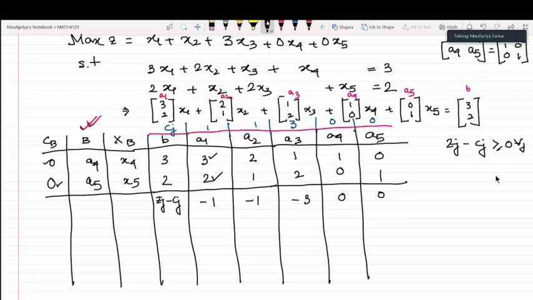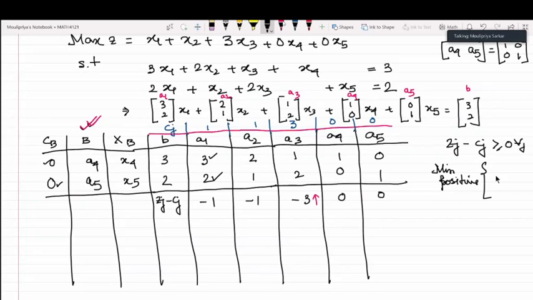How to find the entering vector? We take the most negative value among Zj minus Cj, and that corresponds to the A3 column. So A3 is your entering vector. How to decide on the departing vector? We calculate the minimum positive ratio. The other day, I think I did not mention the word positive.